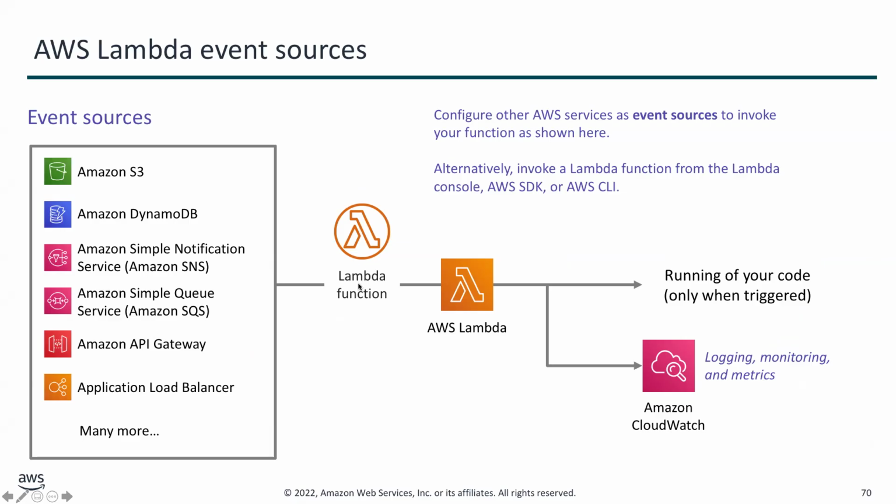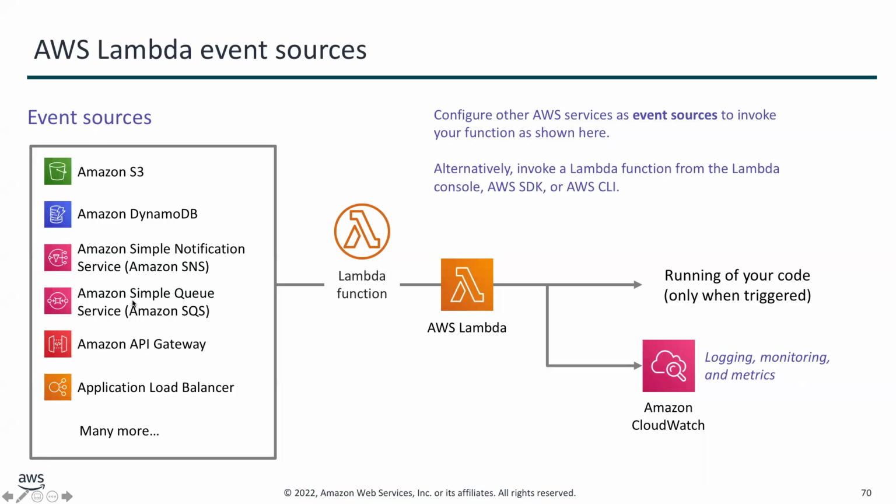Once that is triggered, this Lambda function is run by the service called AWS Lambda, where you write code and run whatever your application needs. While it is running, Amazon CloudWatch is logging, monitoring, and has metrics as well, but it also logs the running status. If it fails, for what reason it failed, that will always help us to debug, right?